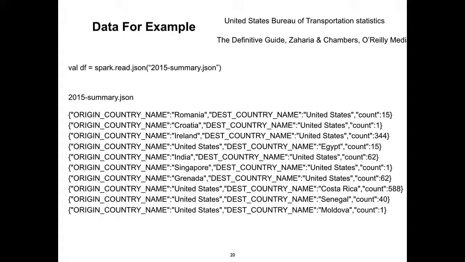Now, I don't know if that's per week or per day or per month or per year. I would think there's more than one flight per year going from Croatia to the United States. And then I read it in as JSON, just to give us some data to work with.